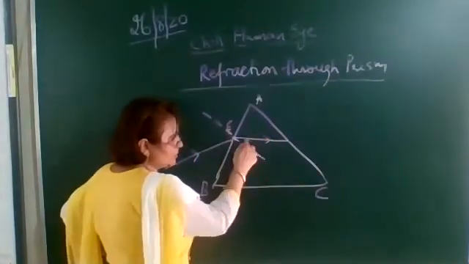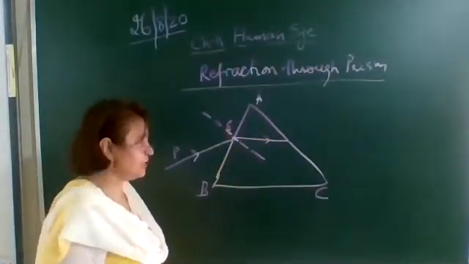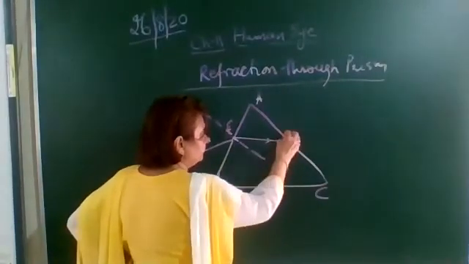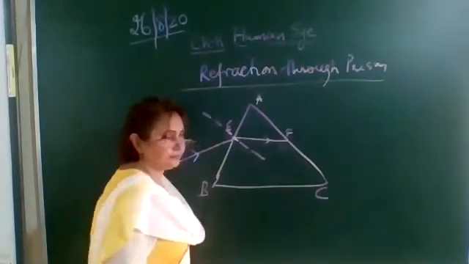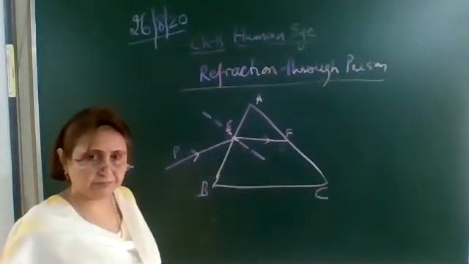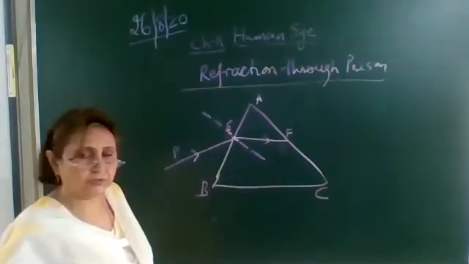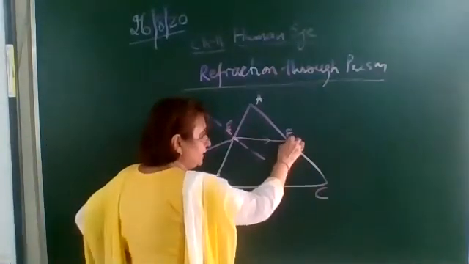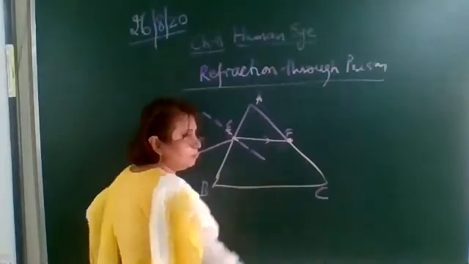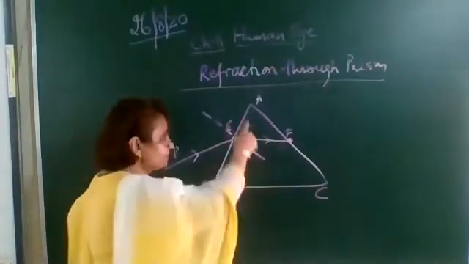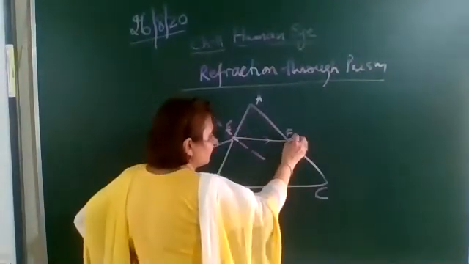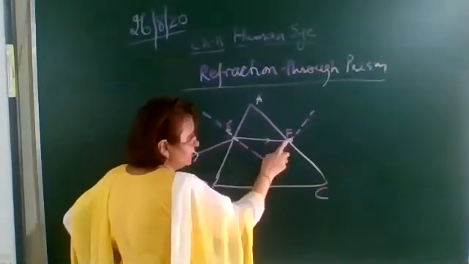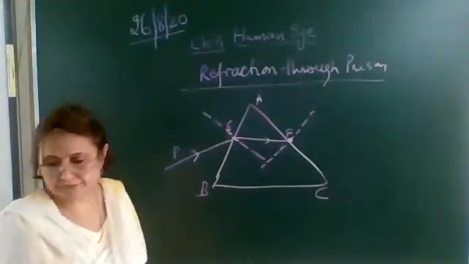This is the normal, so this ray should bend towards the normal, and make this point F. Now at this point F, we'll draw one more normal that is perpendicular to the AC face.